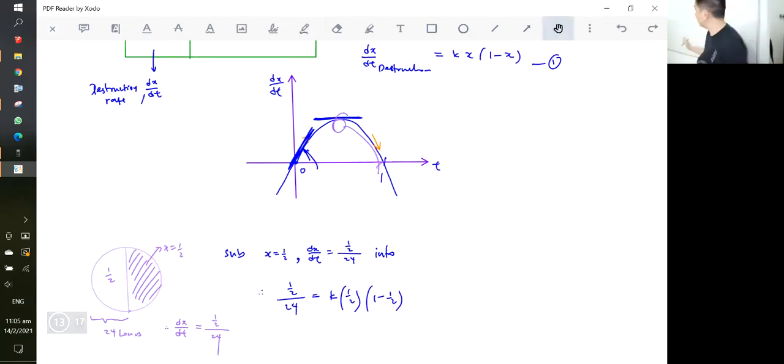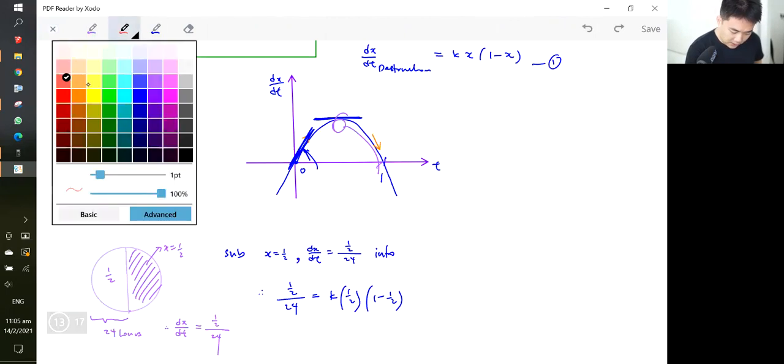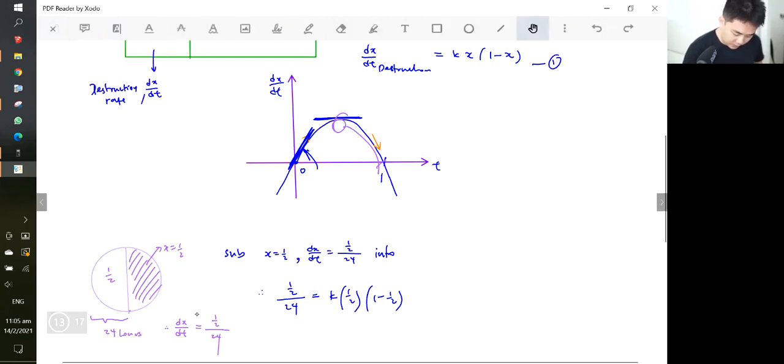Is it okay? It's a direct proportion, so this is just direct proportion.